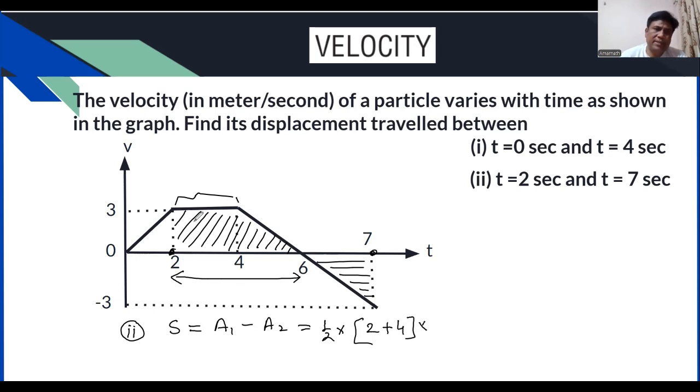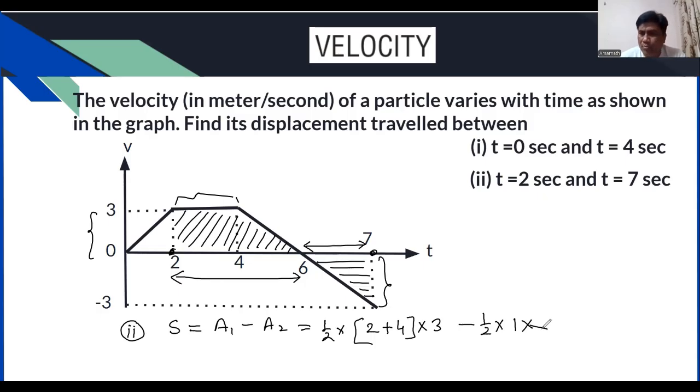And the perpendicular distance is 3. So this part is area 1. Minus area 2, which is half into base into altitude. Base is 1, which is 7 minus 6, and this is 3 only.